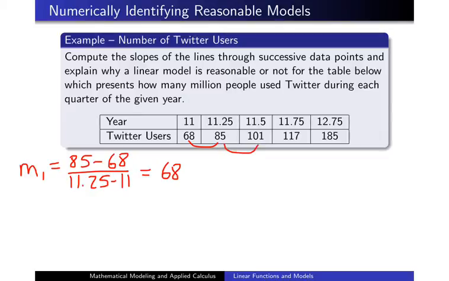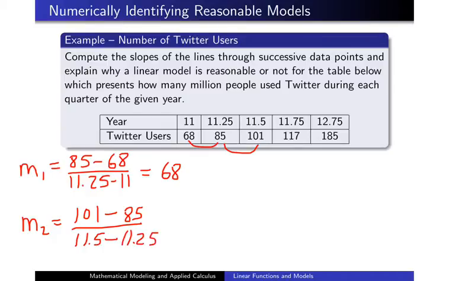Now the second and third data points, which we'll call m2: 101 minus 85, divided by 11.5 minus 11.25. That gives us 64.